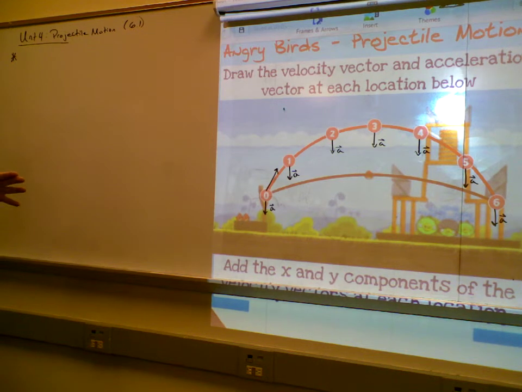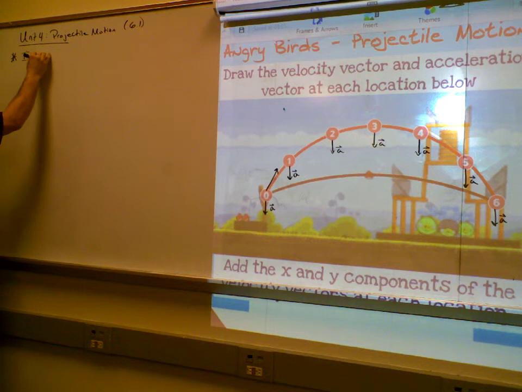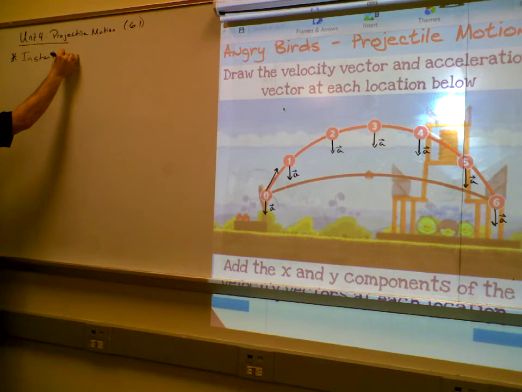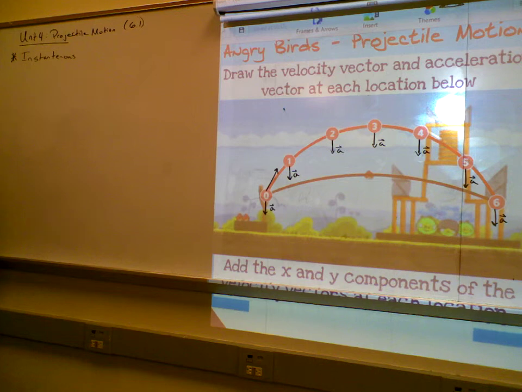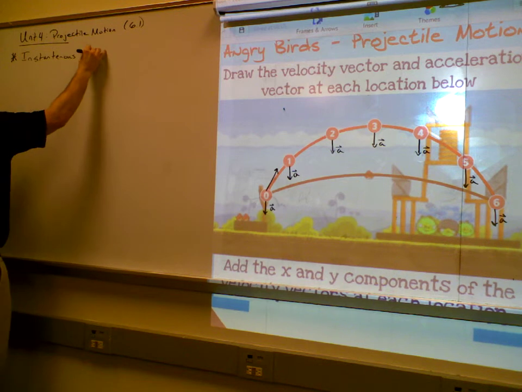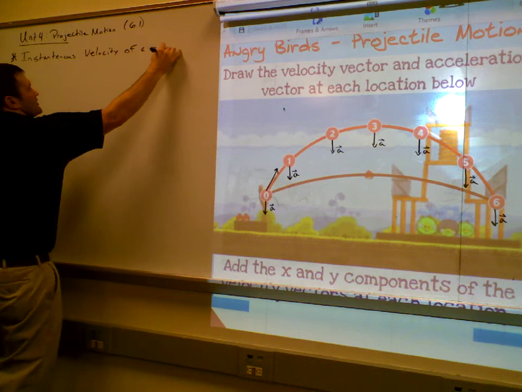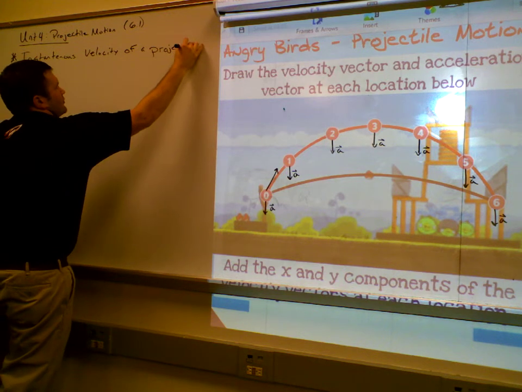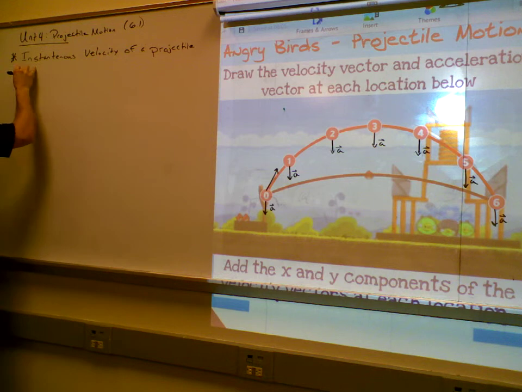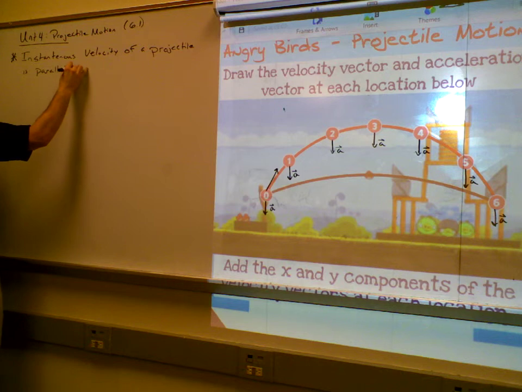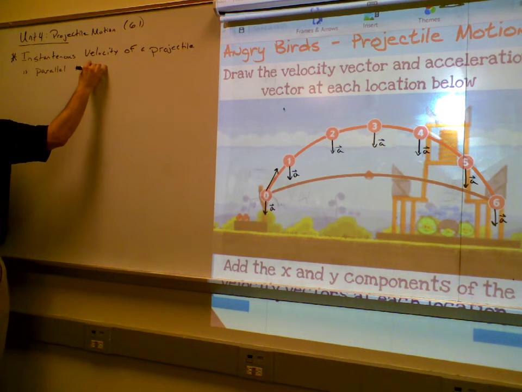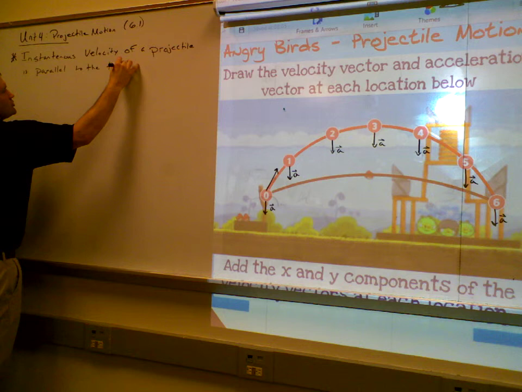All right? So we could make a note, Kyle, because you said you didn't know how to draw the velocities, right? We could say that the instantaneous, and this goes in your notes from Friday or Thursday, instantaneous velocity of a projectile is parallel, which means in the same direction, to the trajectory.